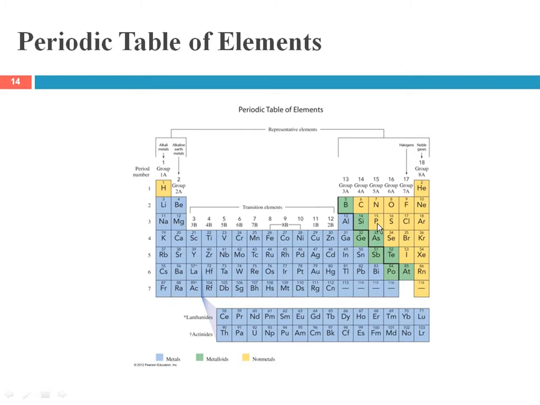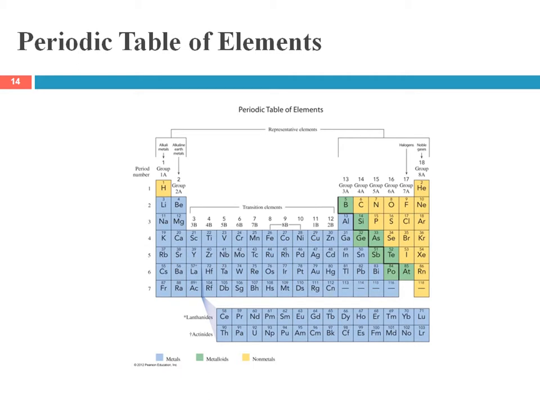If we pick, say, phosphorus, it is in group 5, so it's going to have 5 valence electrons. If we pick cesium, it's in group 1, so it has one valence electron. If we pick krypton, in group 8, it has 8 valence electrons, so it has a stable full octet because it has all of its electrons in its energy level.